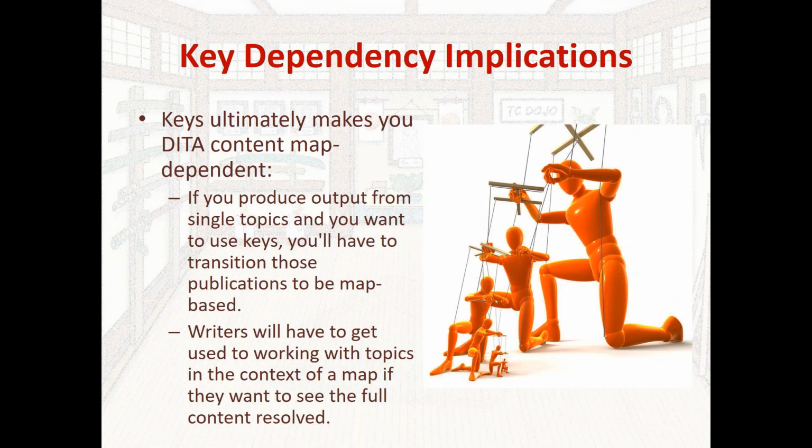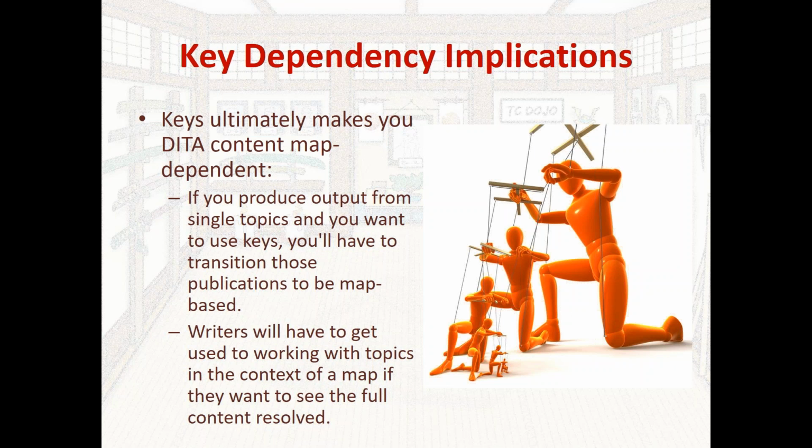Now, another thing that I don't think is emphasized enough is that you really need to think ahead about key dependency implications, because keys ultimately make your DITA content very map dependent. If you produce output from single topics and you want to use keys, you have to transition those publications to be map-based.